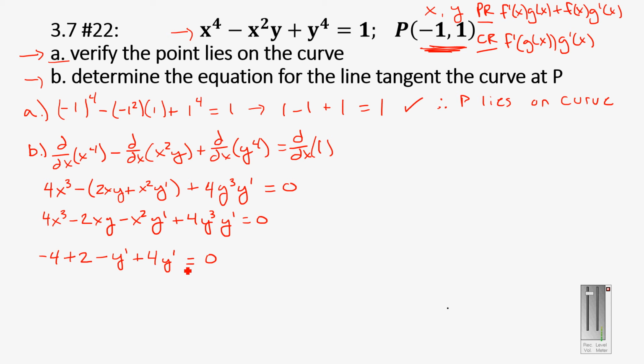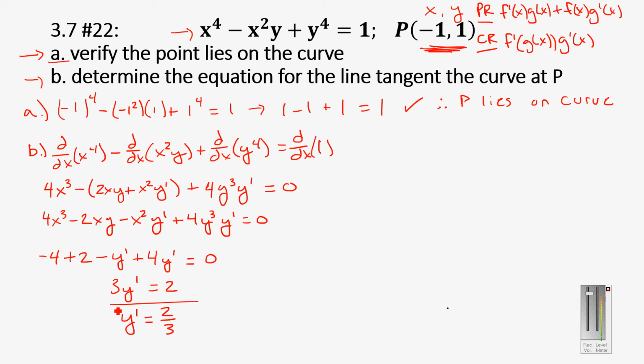Okay, looking good so far, and it looks like I can actually solve this now. The negative 4 and the 2 become a negative 2. I'll add a 2, so that'll go over there. So that's equals 2. And then I'll take away 1y prime from this 4y prime, which will give me 3y prime, and I'll find out that y prime equals 2/3.